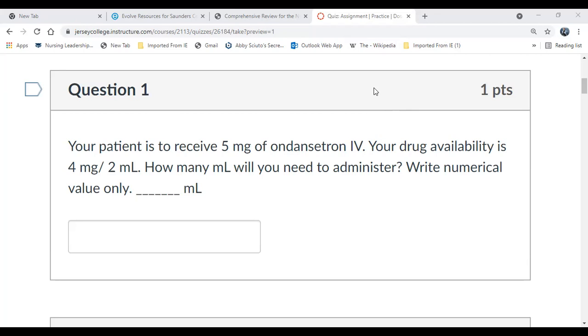So for this problem, we're going to go to the whiteboard. You're going to need to know your doctor's order, which is 5 milligrams, and what you have on hand, which is 4 milligrams per 2 ml. So here we are at the whiteboard.